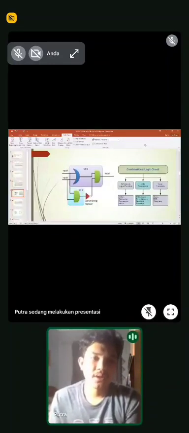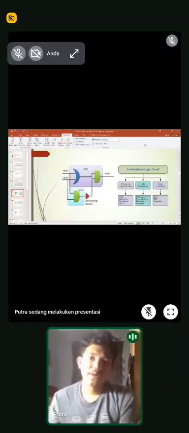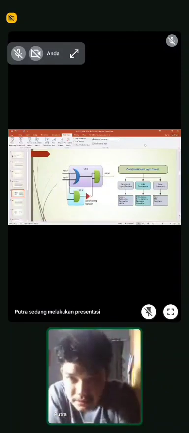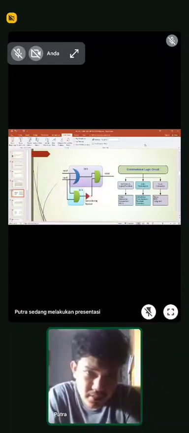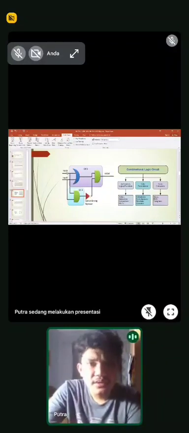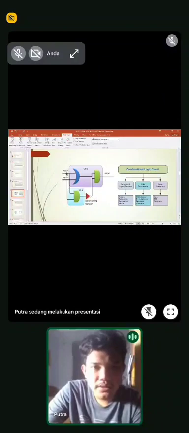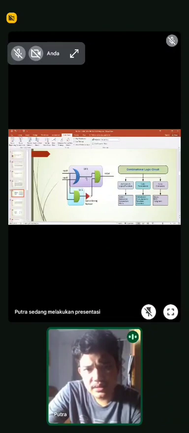This is an example of digital logic. This is input A and B into logic gates, and this will be the output. All inputs A and B go into gates again, and this is the output.